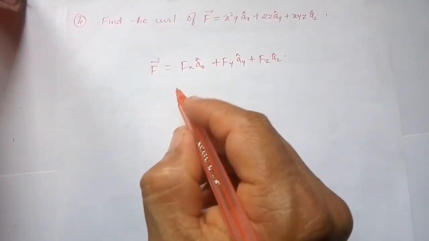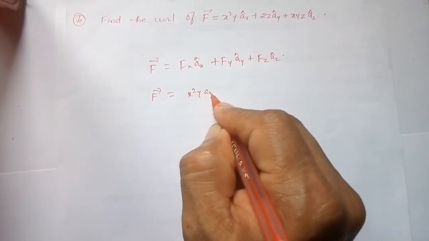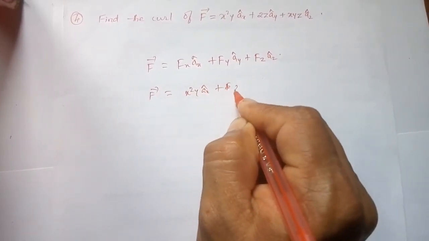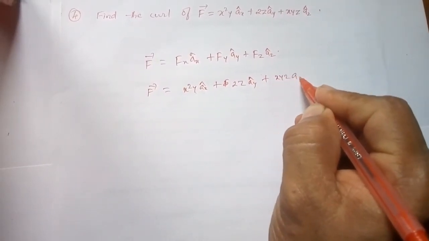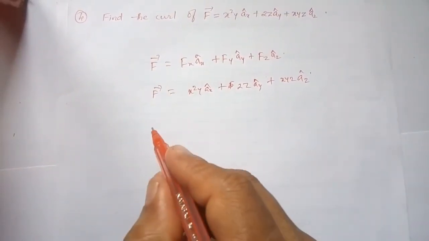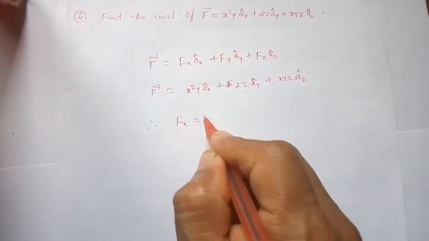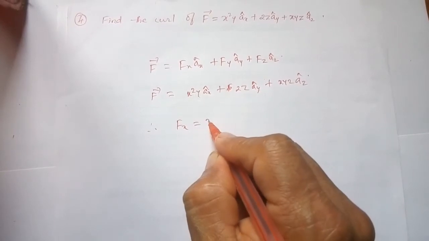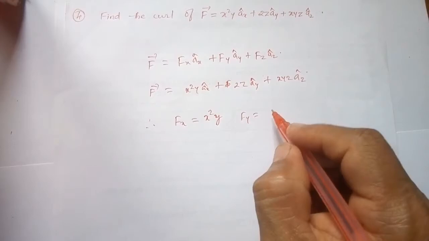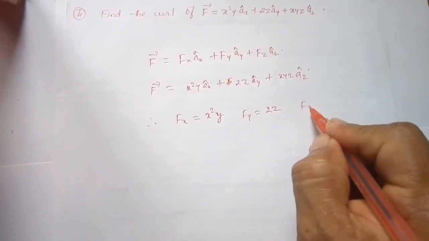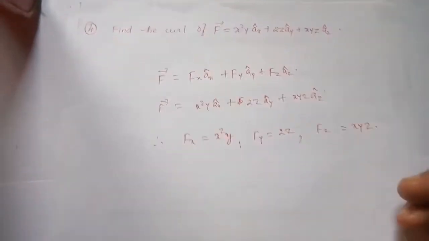So the given vector is F equal to x square y a x cap plus 2z a y cap plus xyz a z cap. So comparing, we get the x component is x square y, the y component of F is 2z, and the z component of the vector is xyz.